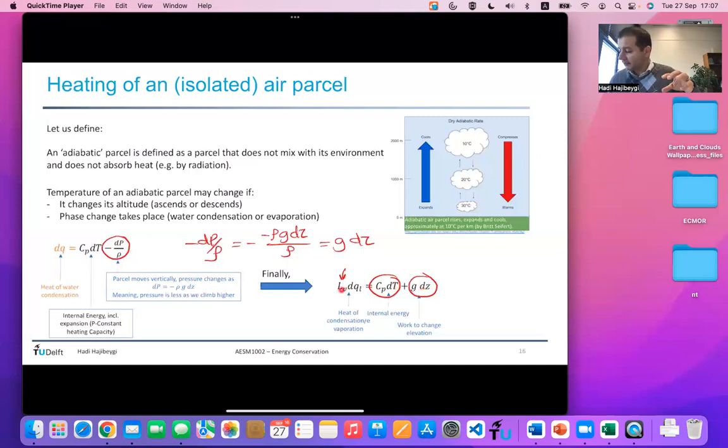Now, if I don't have any condensation or evaporation happening, no phase change, if I climb, I will change my temperature. How interesting. Now I can actually study, if I change my elevation, how much my temperature will change, all from a simple conservation law. So let's move on to that point.